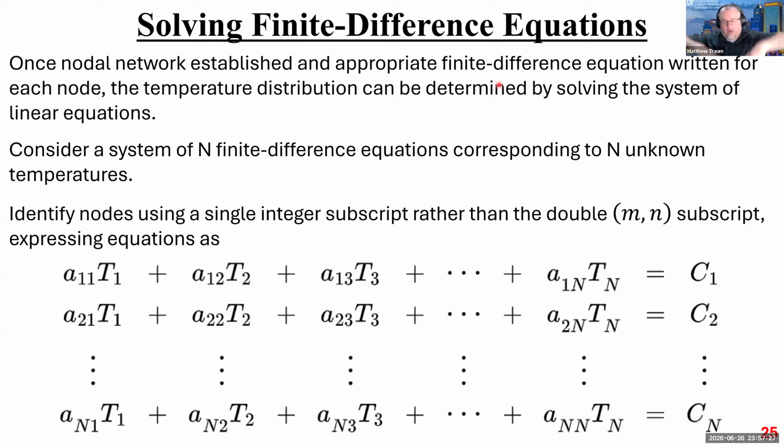So you end up with all these equations that include all of these unknowns, and you have to solve them simultaneously. This, by the way, is why we had you take linear algebra, so that you could solve these things simultaneously. Okay, so how do you do that? There are multiple different ways.